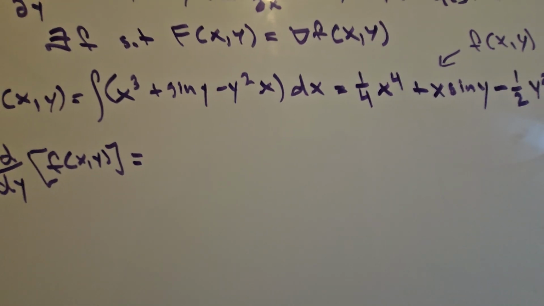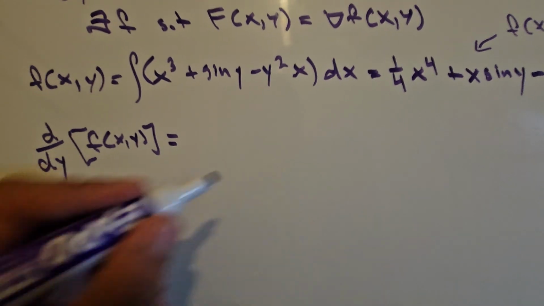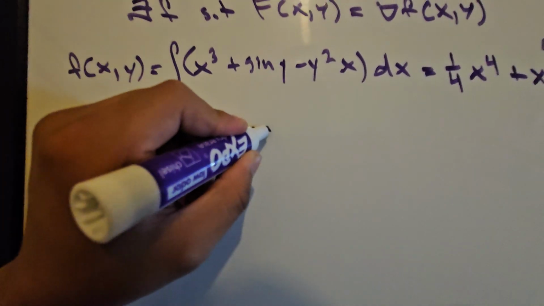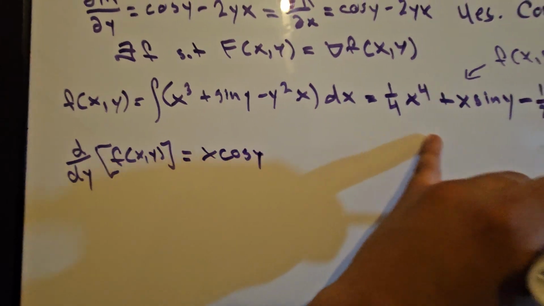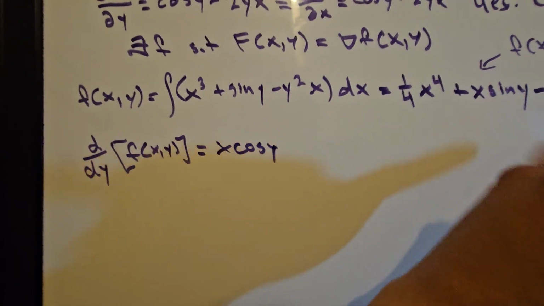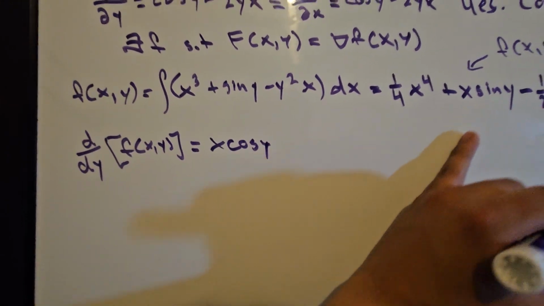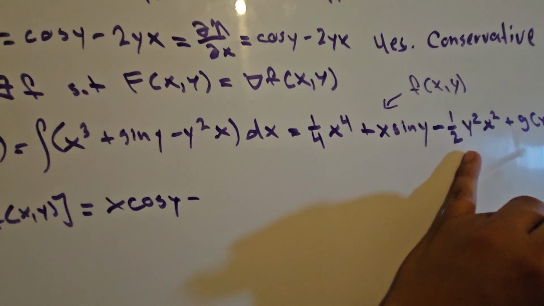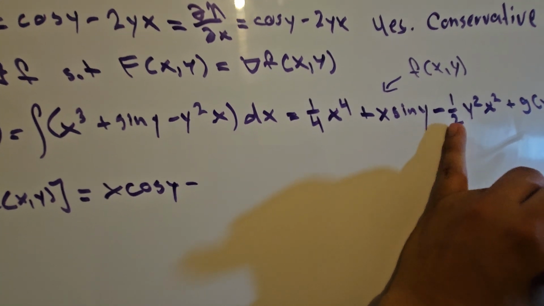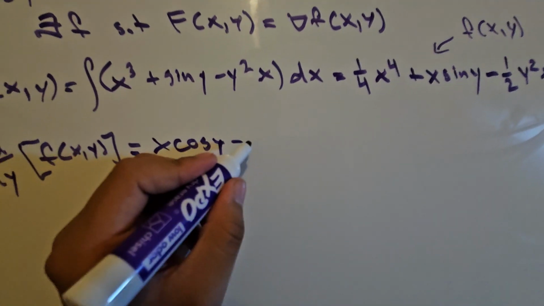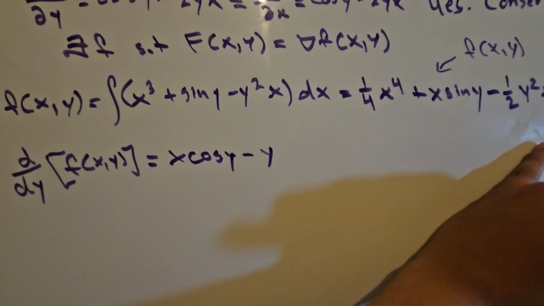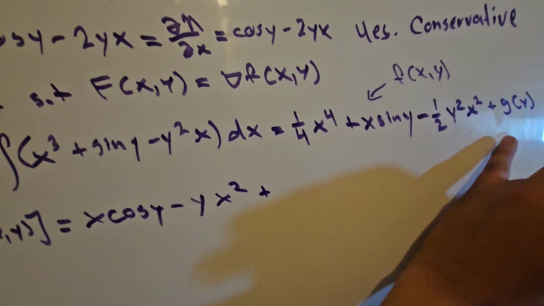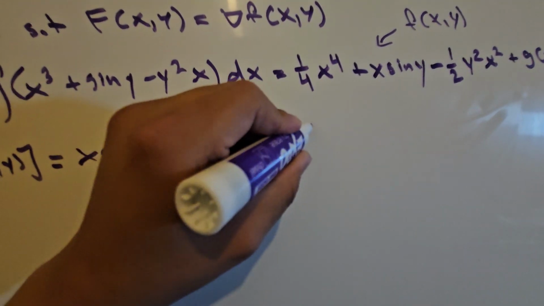The derivative of x to the 4th over 4 is 0, since it's a constant. The derivative of x sine y is x cosine y, because x is a constant. Then minus the derivative of 1/2 y squared x squared, where the 2 cancels the 1/2, so that's negative y x squared. And then the derivative of g is g prime of y.